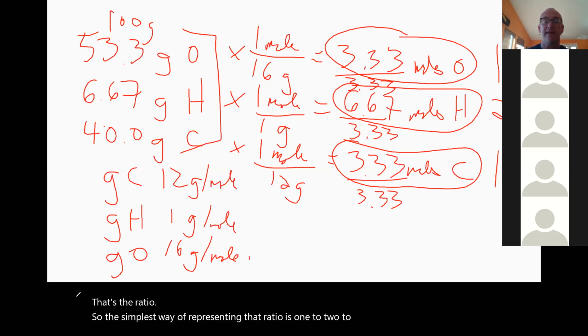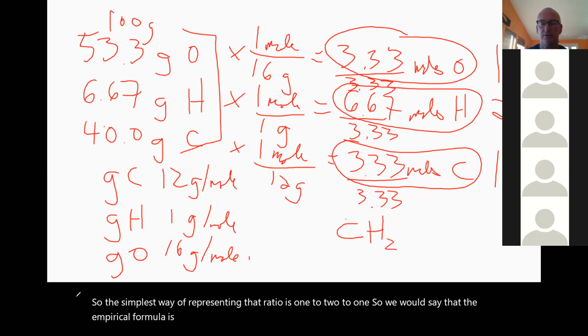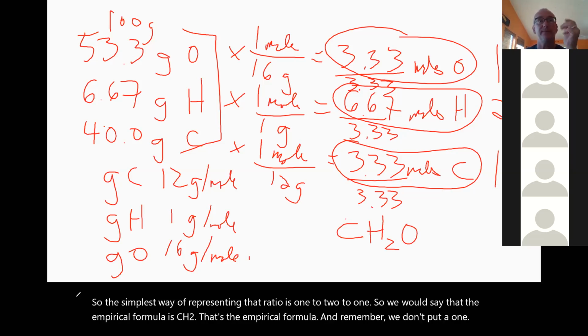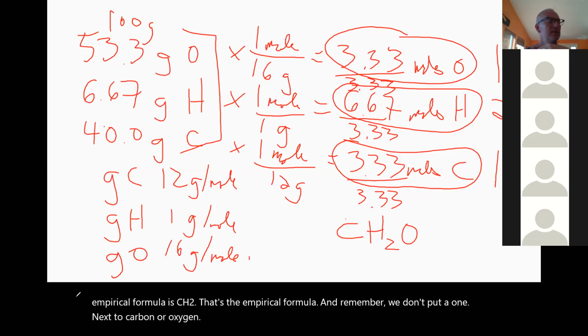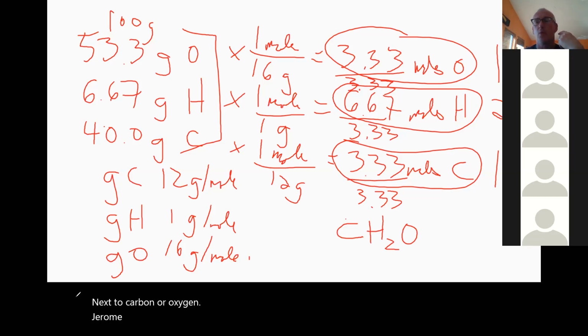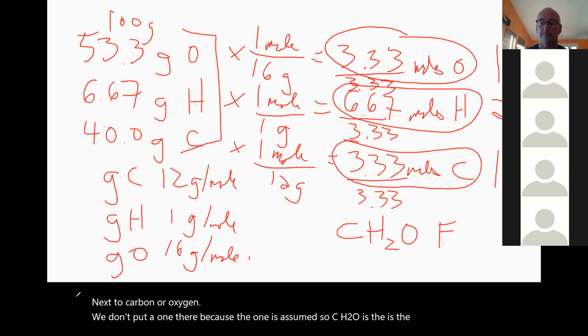So we would say that the empirical formula is CH2O. And remember, we don't put a 1 next to carbon or oxygen, because the 1 is assumed. So CH2O is the empirical formula.